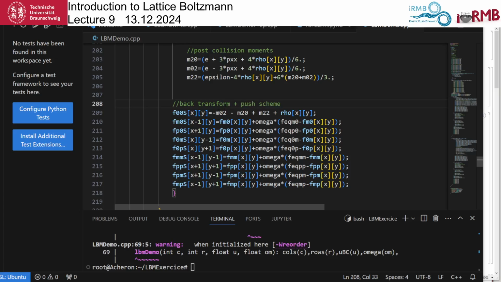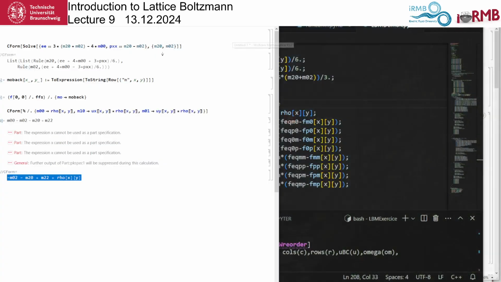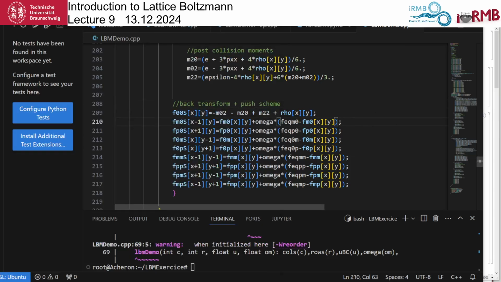Plus push. Okay, so now we back transformed 0, 0. Now we have minus 1, 0. So minus 1, 0, minus 1, 0. It's complaining here, but I don't care. Minus 1, 0.